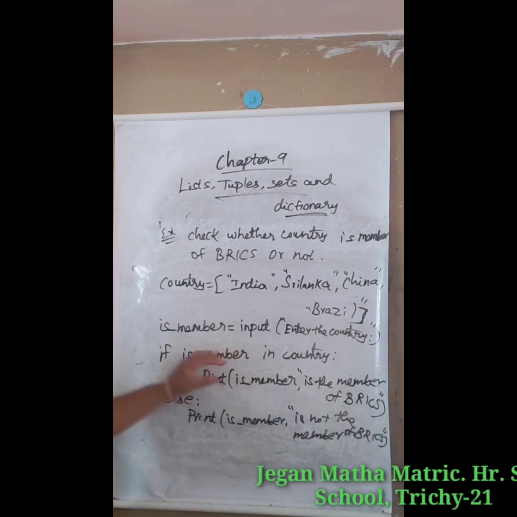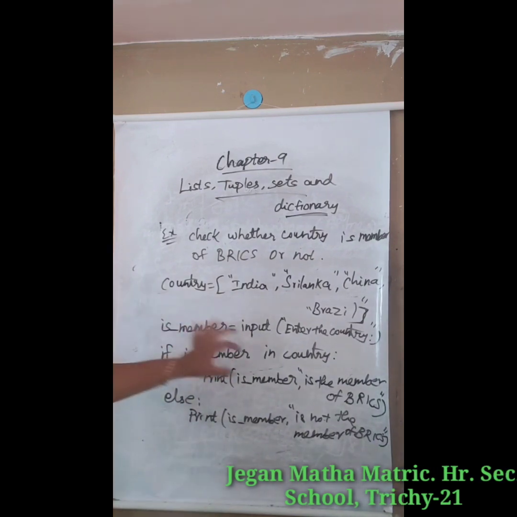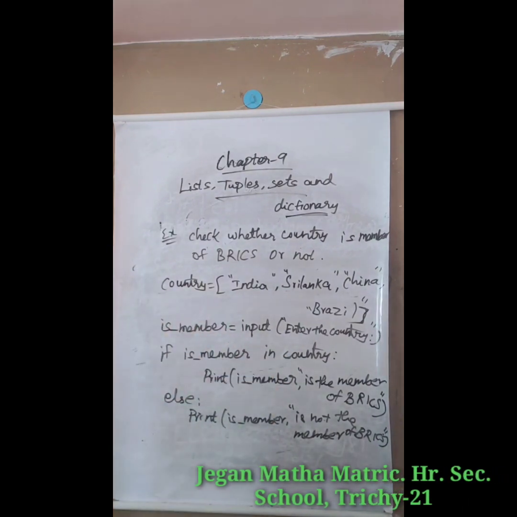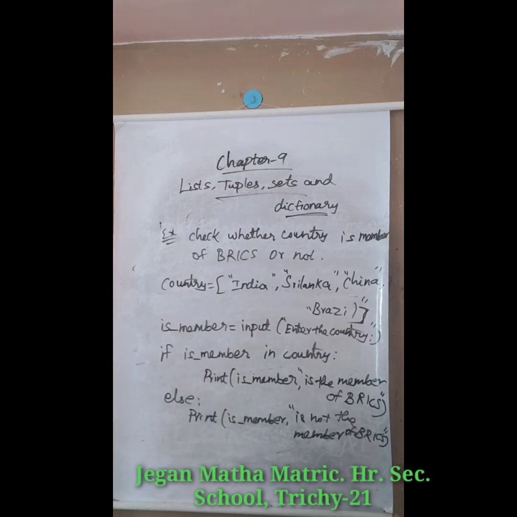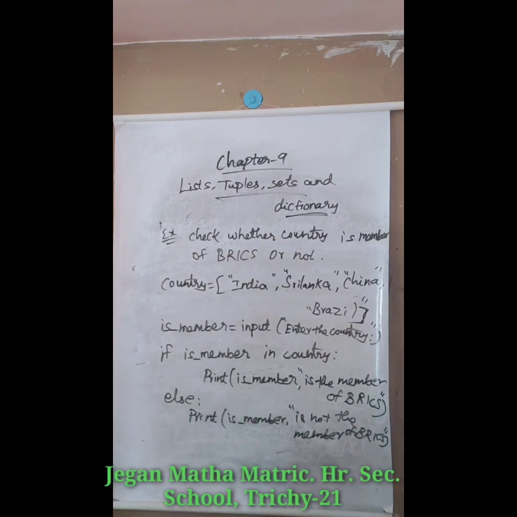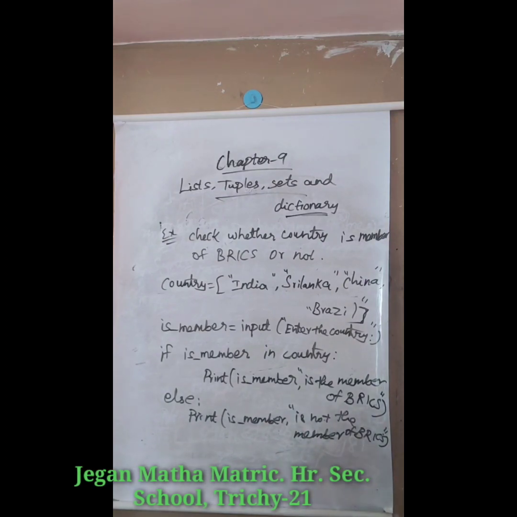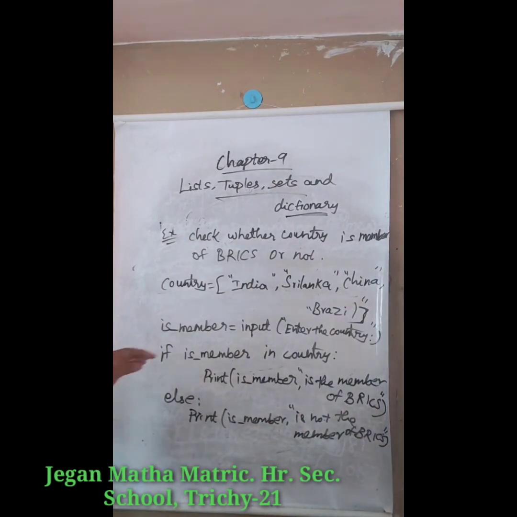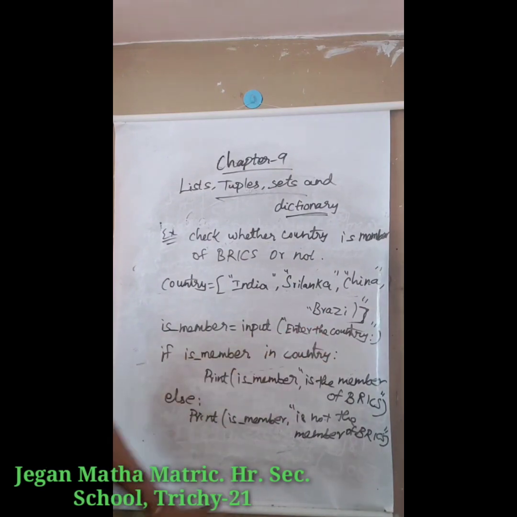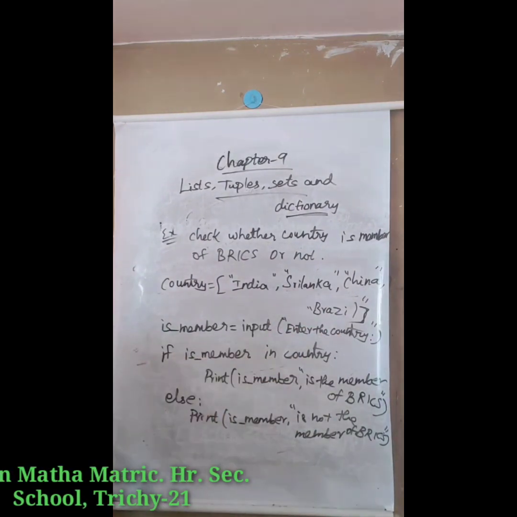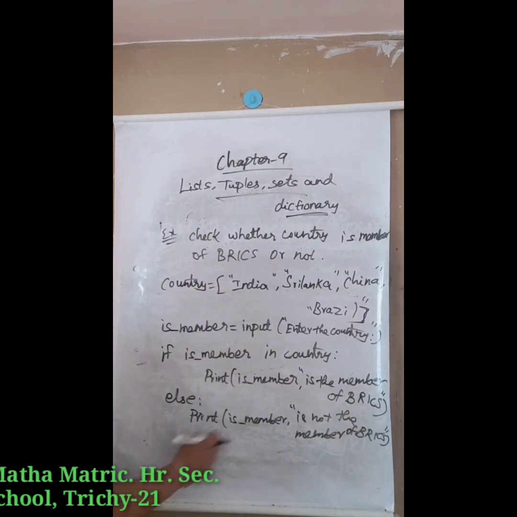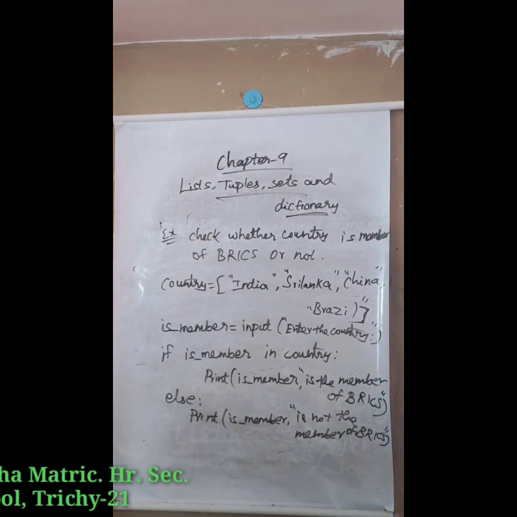If the variable is present in the list, the condition is true, and it produces the result that it is a member of BRICS. Otherwise it produces the result that it is not a member. Now the output of this program: it asks to enter the country. If we type India, it produces the result, India is the member.